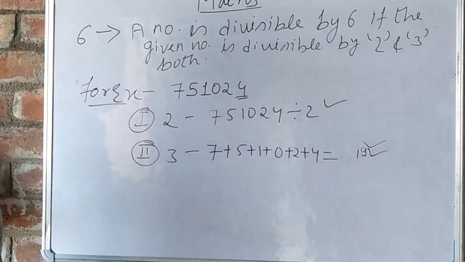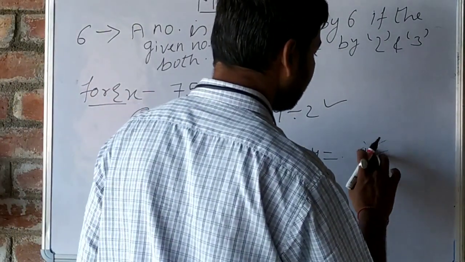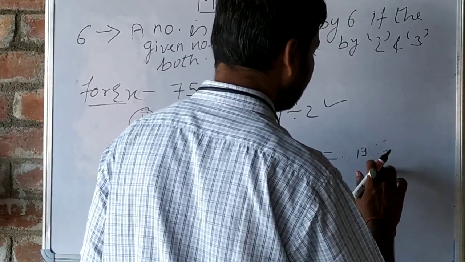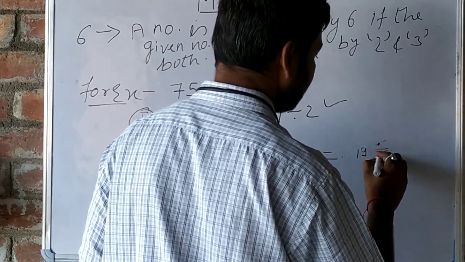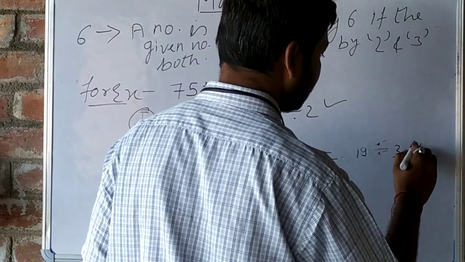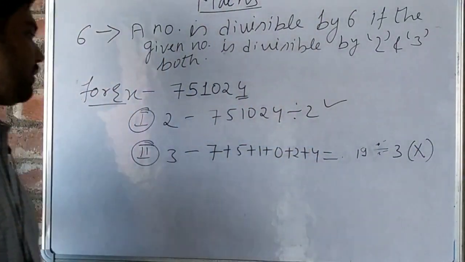So 19 is not divisible by 3. It will not be divisible by 3.